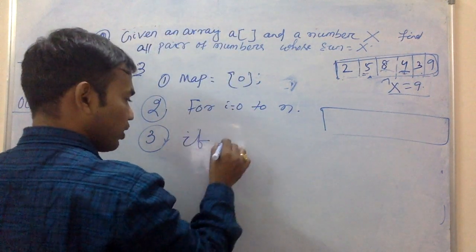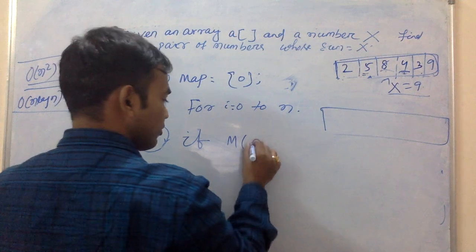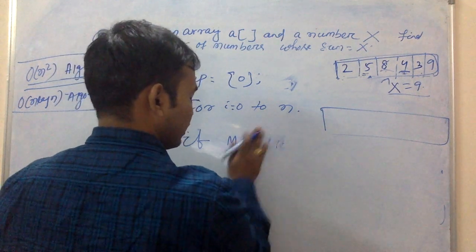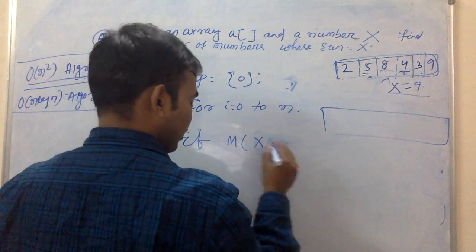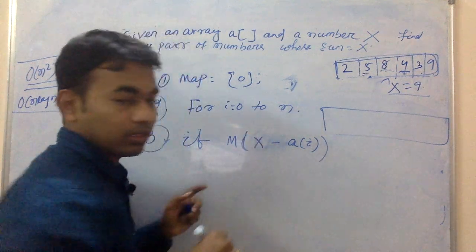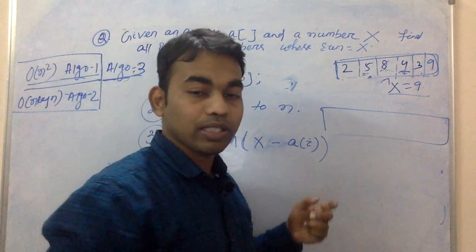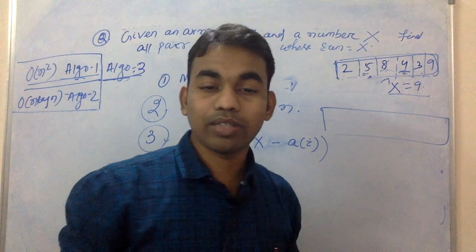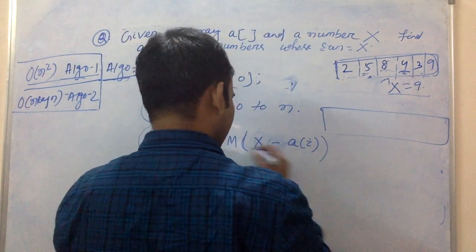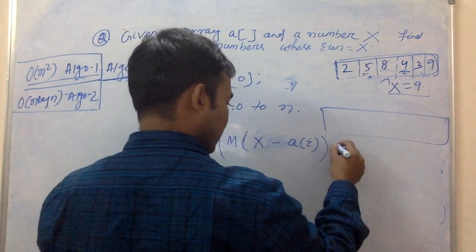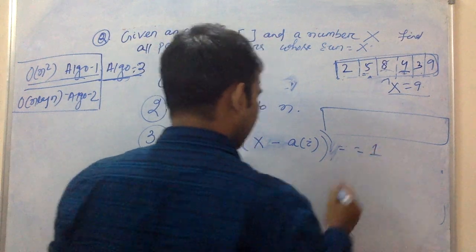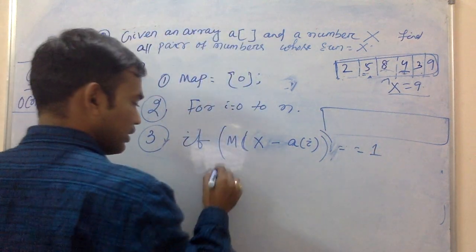If m of x minus a of i is present, if this is present, initially it is 0, so if this is equal to 1, then print the pair.